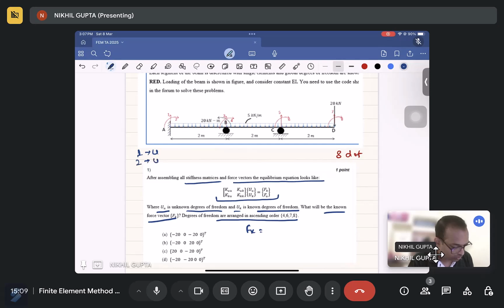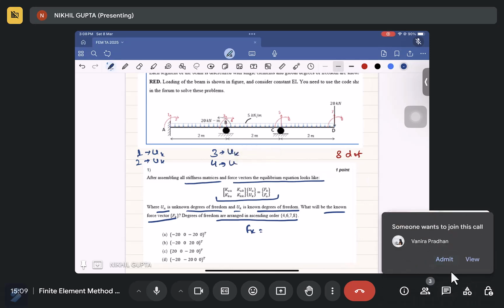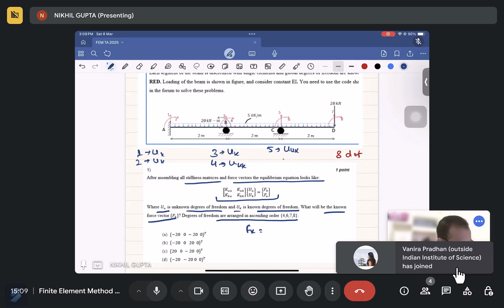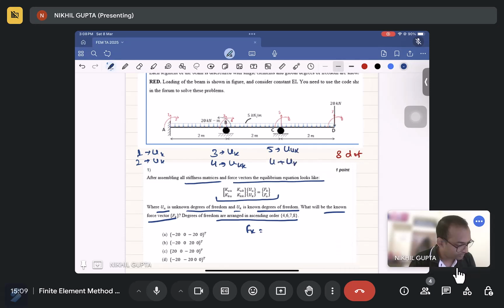Similarly in the second, u is known. In the third degree of freedom, we know that u is known, that it is 0. In the fourth degree of freedom, some theta will come and u is unknown. In the fifth, u is unknown. For the sixth, u is known. For the seventh and eighth, both u are unknown.